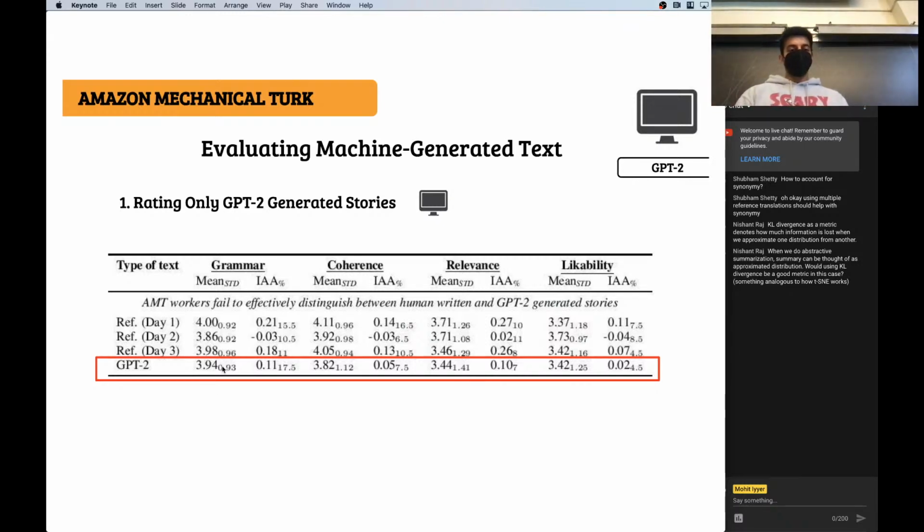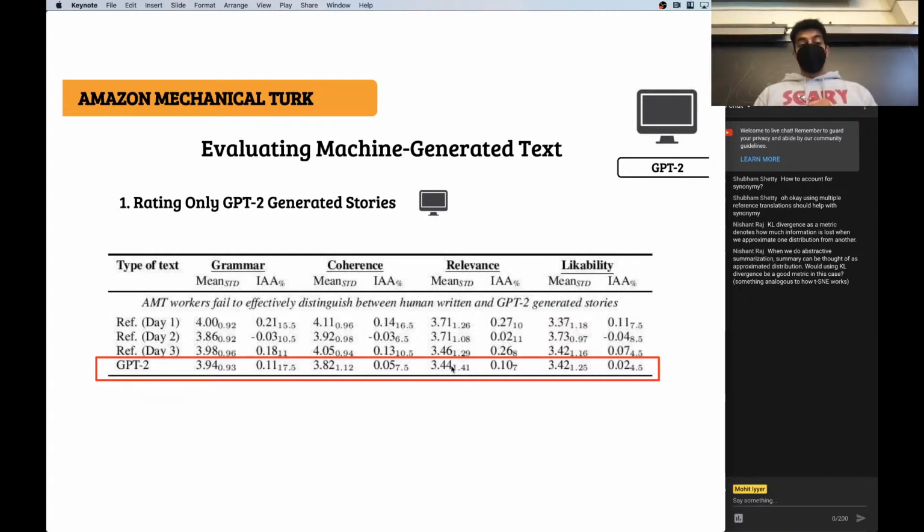If you look at grammar, well, the grammar of the language model is pretty good, so we can skip that. But coherence, they gave the reference stories, so we had 3 different days on which we evaluated the reference stories, roughly a 4 out of 5, so pretty good. But the GPT-2 generated stories were also around 4 out of 5, even though they are not coherent. I can tell you from reading so many of them that they're really bad.